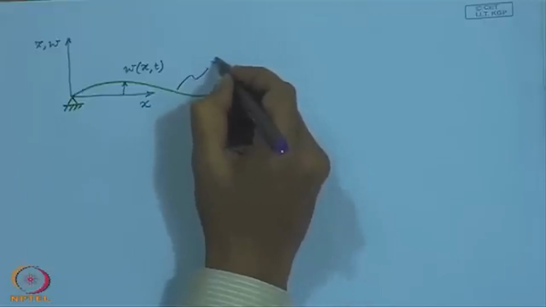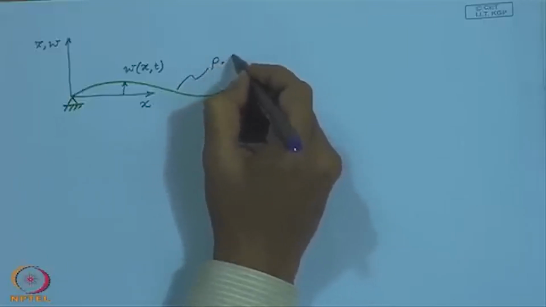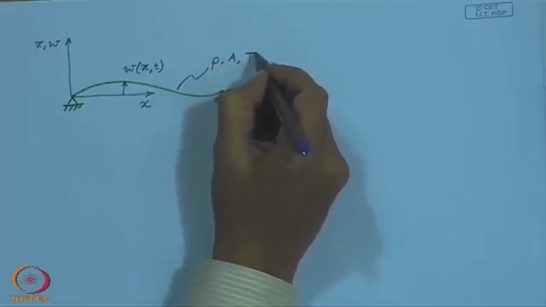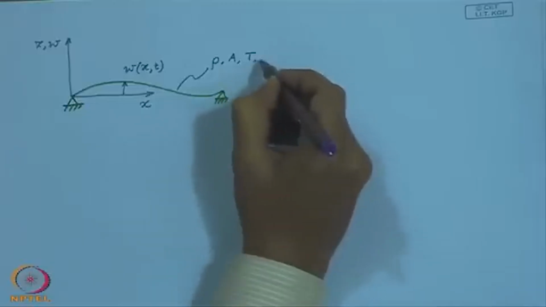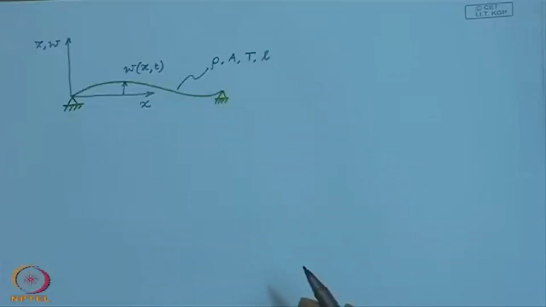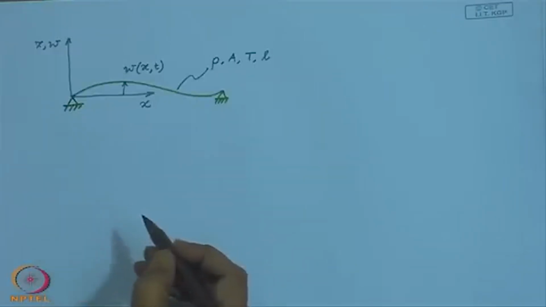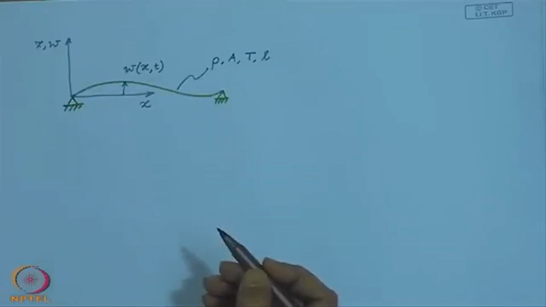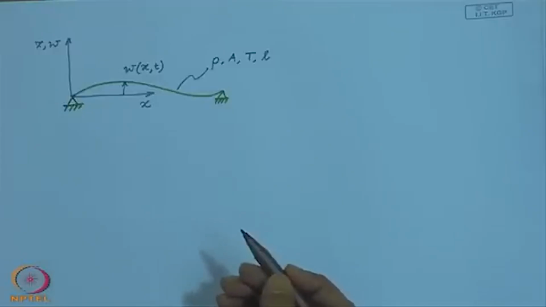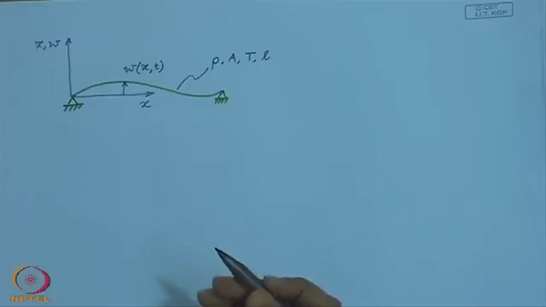We assume that this string is made of a material of density rho, area of cross section A, and is under tension T, has a length L. So, the first thing that we need to write is the Lagrangian and construct the action integral on which we will apply this variational formulation or Hamilton's principle.